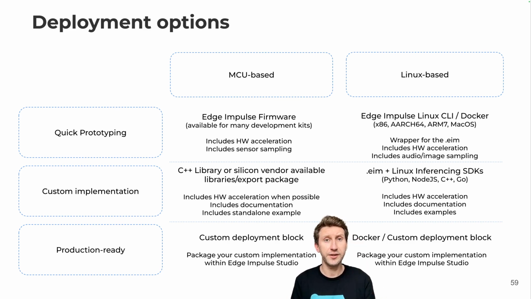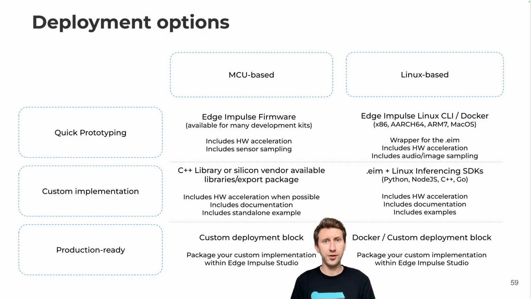These are great packages to help you integrate with your existing application. They include hardware acceleration when possible. We provide documentation, and we also provide a standalone example on how to integrate that, or at least to run the inference using code, so that you can then integrate that in a broader application.